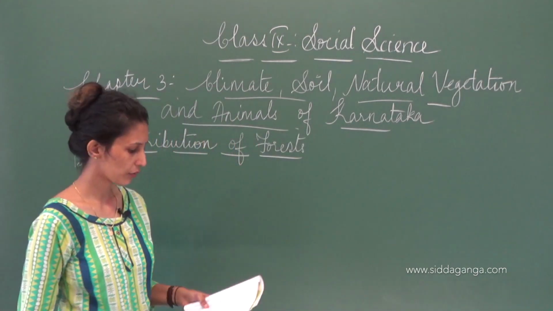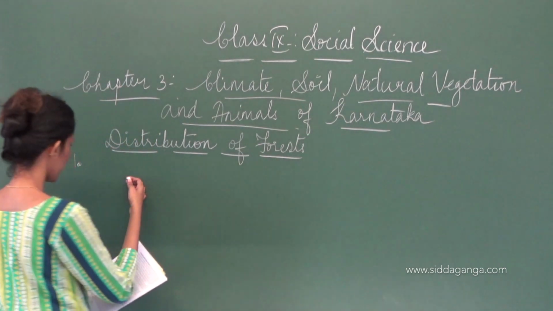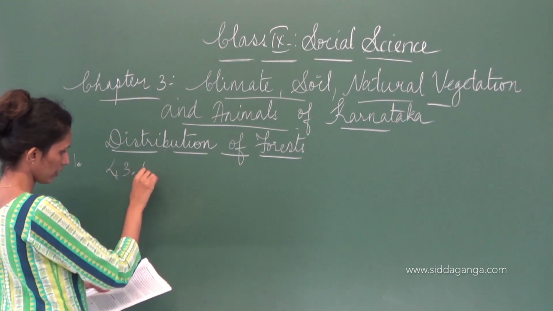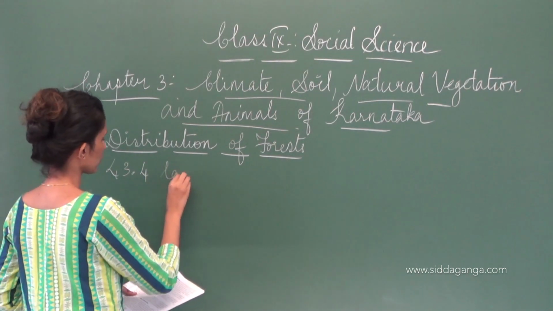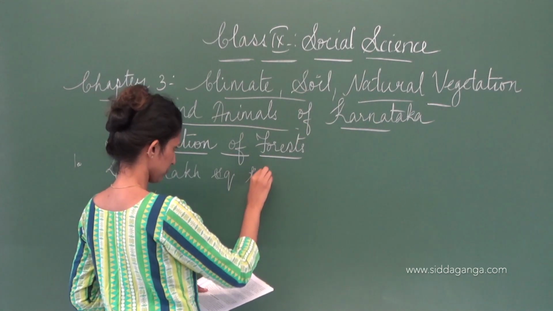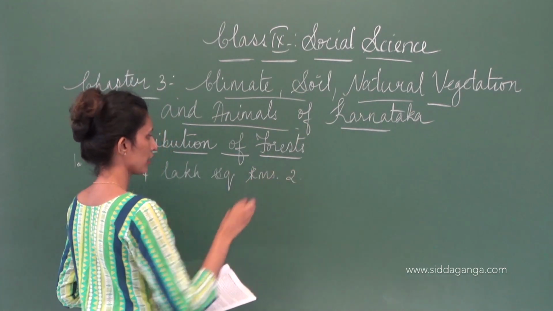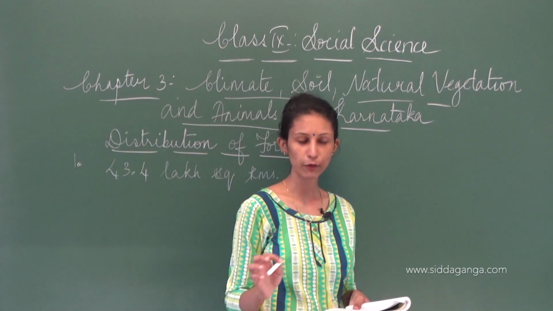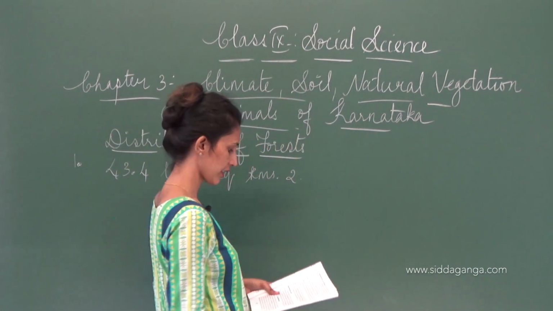Now how much of forest resource we have in Karnataka is 43.4 lakh square kilometers. That is the forest area covered in Karnataka.